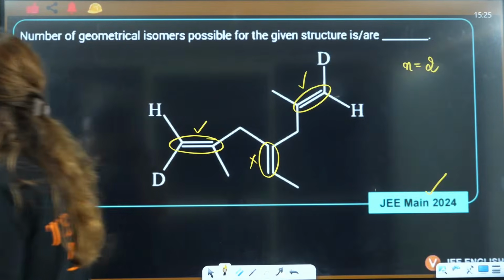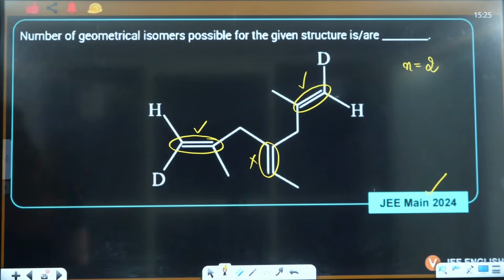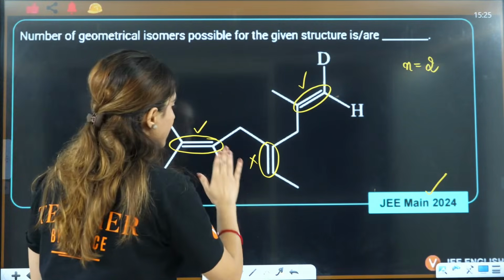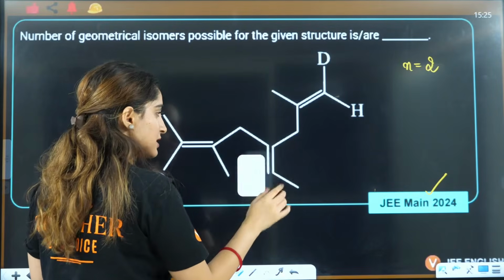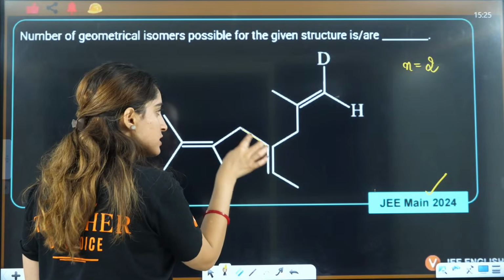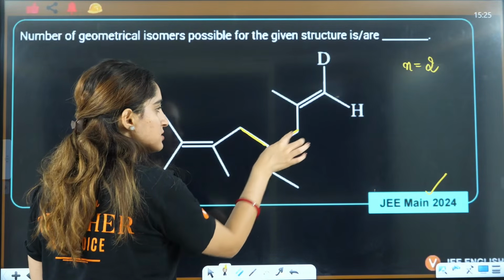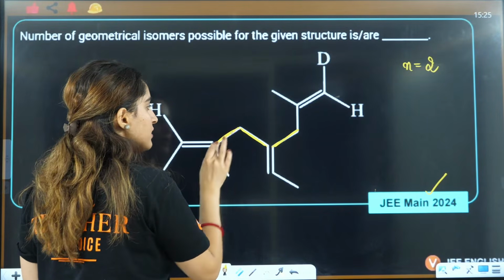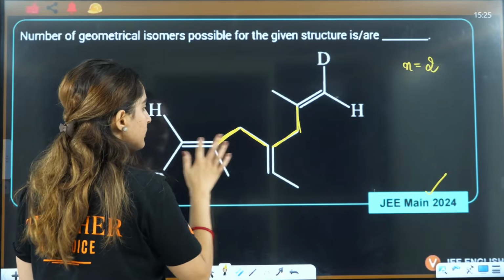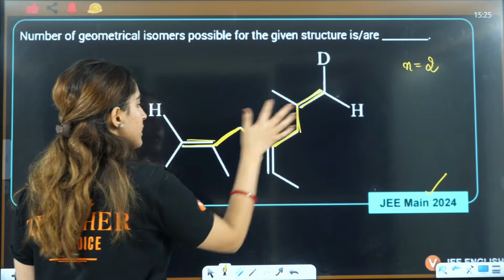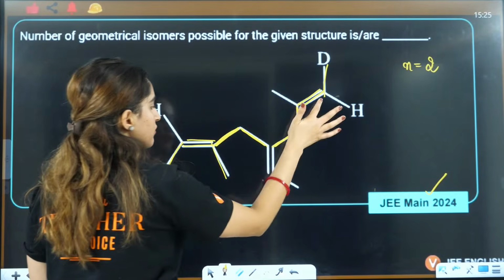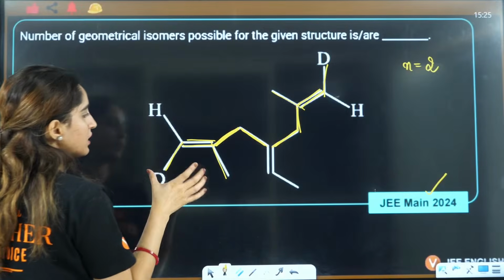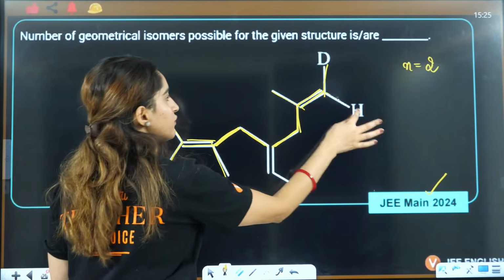Tell me, the number of GI sites is 2 here. Are you able to see that? Because if you are also counting this as a GI site, then see this. Here, this is one CH2, then there is this bond, then there is one double bond, then there is one D, then one H here, one CH3, one CH3, then one H here, one H here.